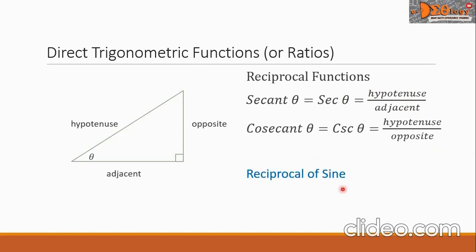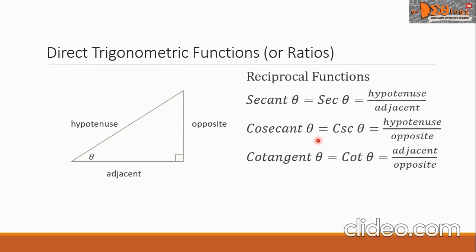This is the reciprocal of the sine. The next function is the cotangent theta, symbolized by COT, and this is equal to the ratio of adjacent over opposite side. This is the reciprocal of the tangent.